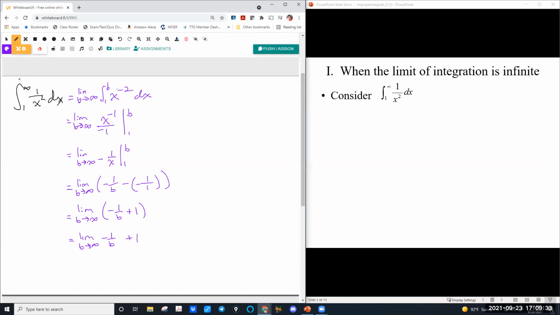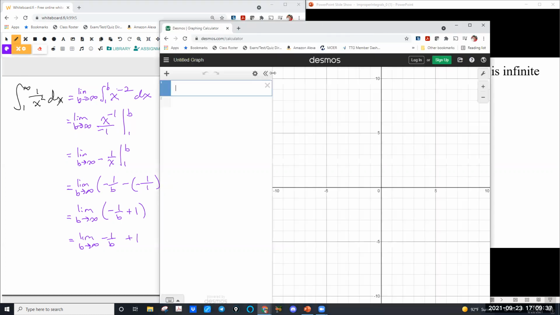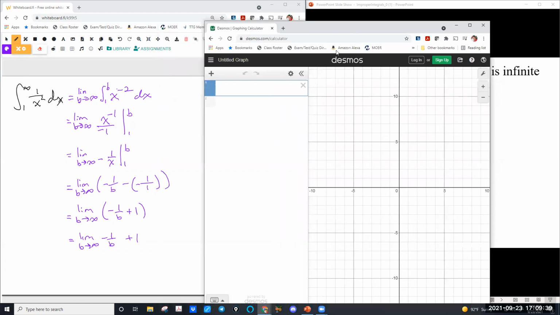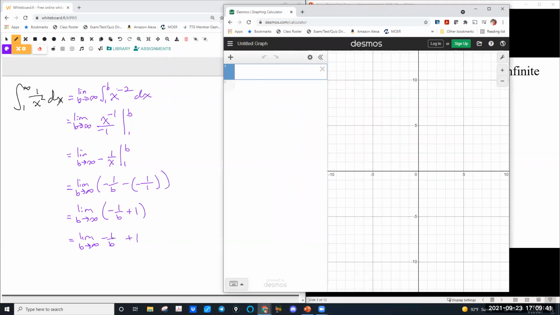Okay, let's say we didn't know that. You can use a graph to help you out. Put it up here in Desmos. Graph the function, y equals negative 1 over x.